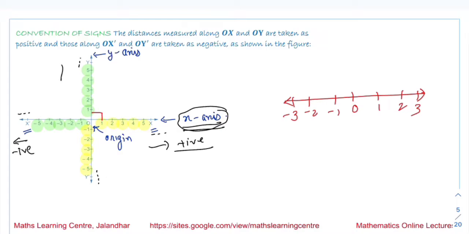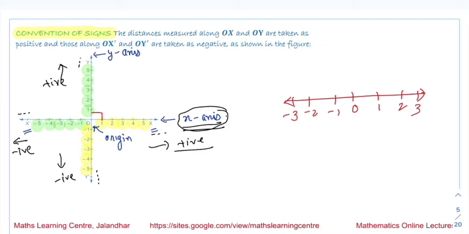On the y-axis, in the upward direction we have marked the positive numbers, in the downward direction we have marked the negative numbers. This is just a convention. Convention means that this is a universally adopted procedure. There is no reason behind it.